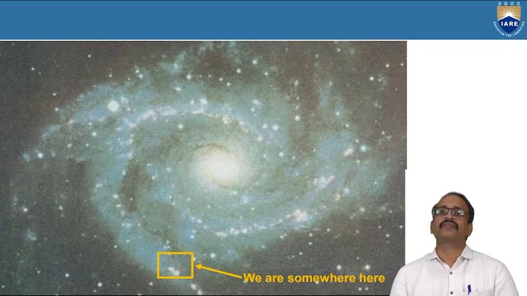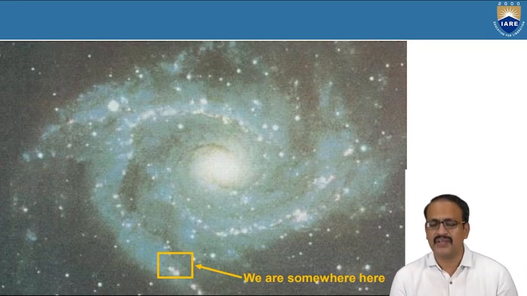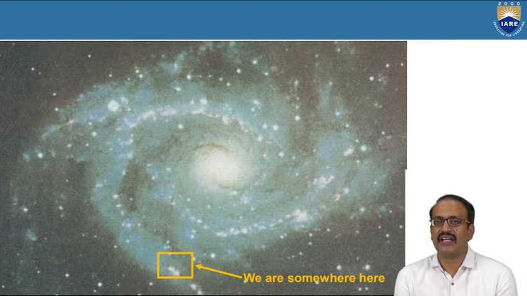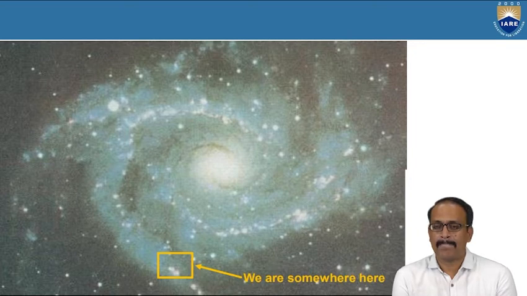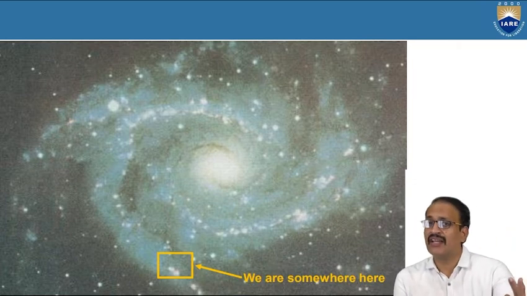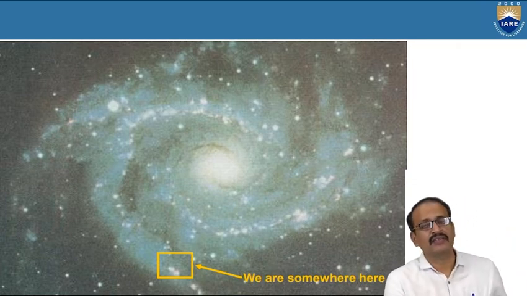So our sun, as far as the majority of science is concerned, now we have to talk scientifically. The sun, we don't know where. Maybe it is somewhere not nearer to the center of the Milky Way, not away from the center of the Milky Way.